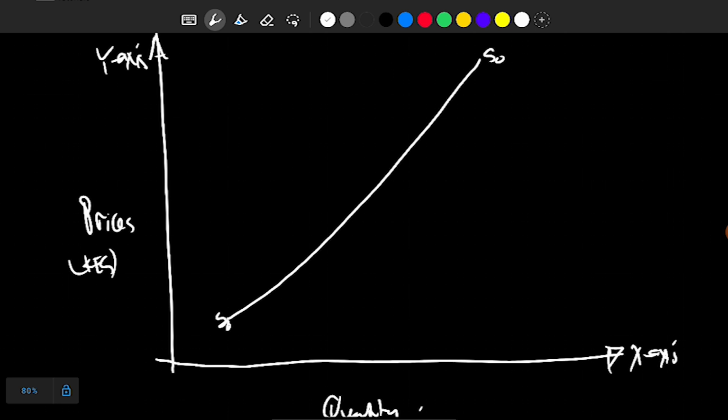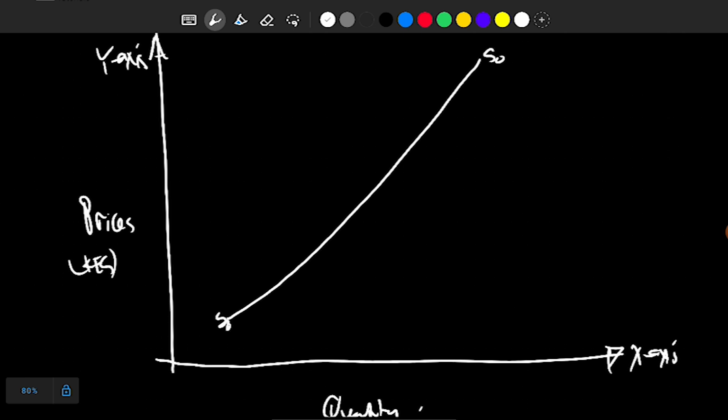Of course, we'll see the factors that cause a shift in the supply curve and discuss them in detail. But we said a shift in the supply curve is not caused by price changes. Price changes are only responsible for a movement along the supply curve, which we said is a change in the quantity supplied.